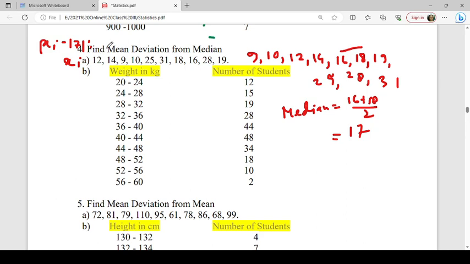So 12 minus 17 is minus 5, it is 5. 14 minus 17 it is 3. 9 minus 17 it is 8. 10 minus 17, 7. 25 minus 17, 8. 31 minus 17, 14. 18 minus 17, 1, 1, then 11 and 2.